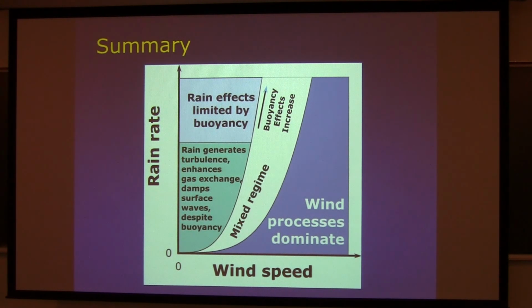In the ITCZ, we believe that it's raining all the time, but it's only 1% of the area. It's very localized, and then it's mixing everywhere. So it doesn't rain all the time.